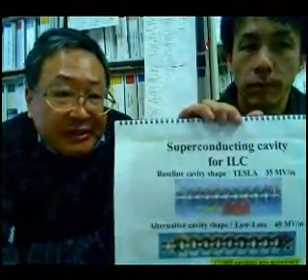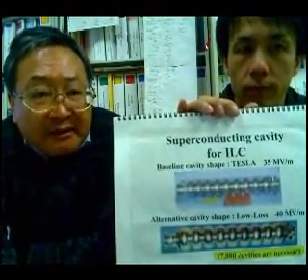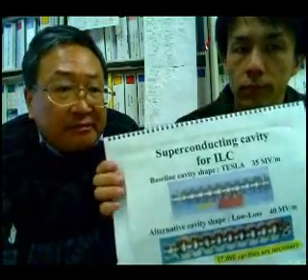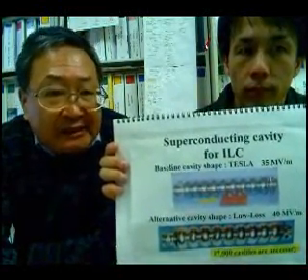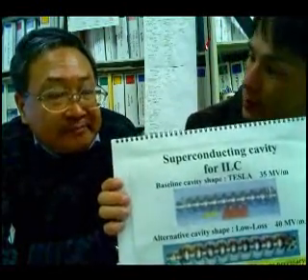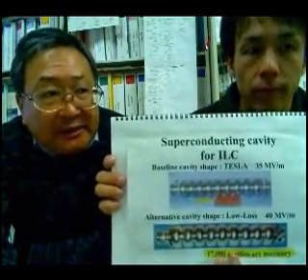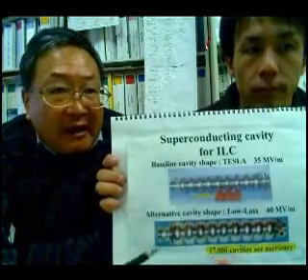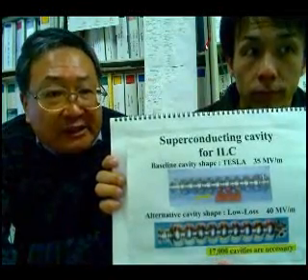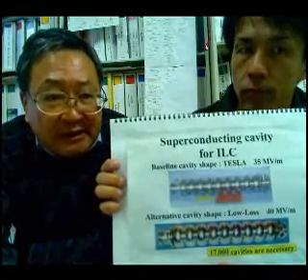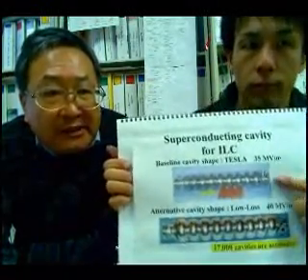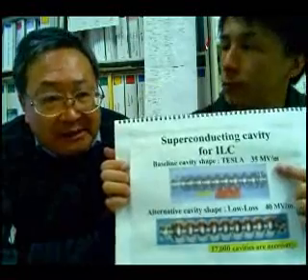This is a picture of the ILC cavities. The top is the current baseline design cavity shape, which was developed at DESY, a German institute. This cavity produced 35 megavolt per meter at the acceptance test. Then we operate at 31 megavolt per meter.